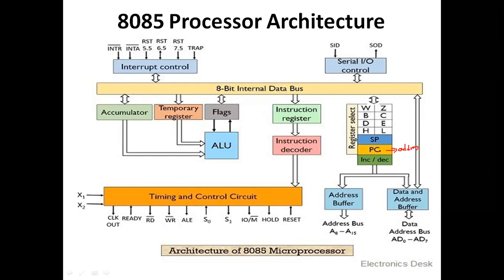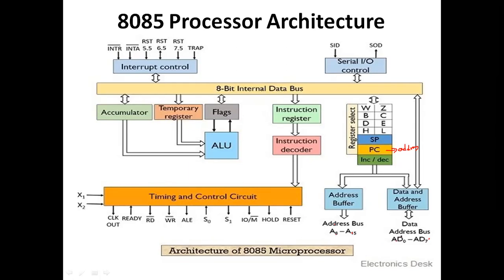So when the CPU wants to execute any instruction, it is going to take the address of this instruction and send that address to the address bus. Here we have the address bus A0 to A15 and AD0 to AD7. So why do we have two address buses?